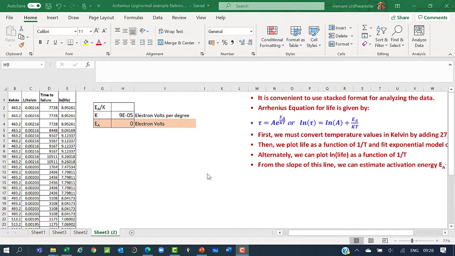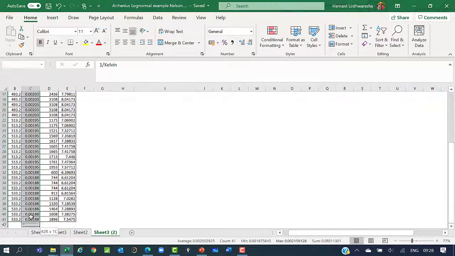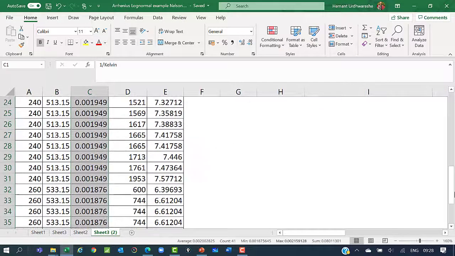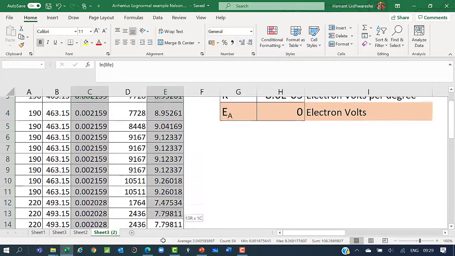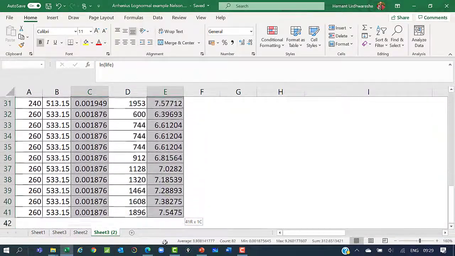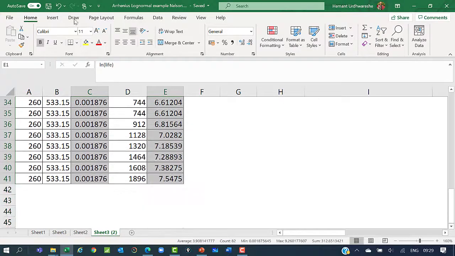Alternately, we can also plot ln of life as a function of 1 upon Kelvin, which is expected to be a straight line. So I select 1 upon Kelvin, click on the control button, and then select the ln of life. And now I can insert the scatter plot again.